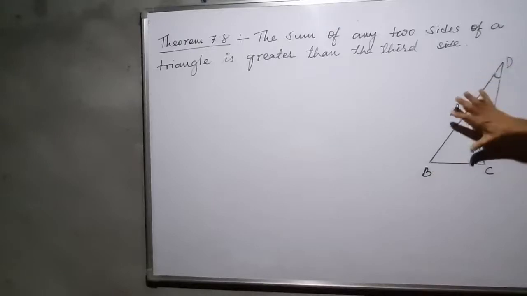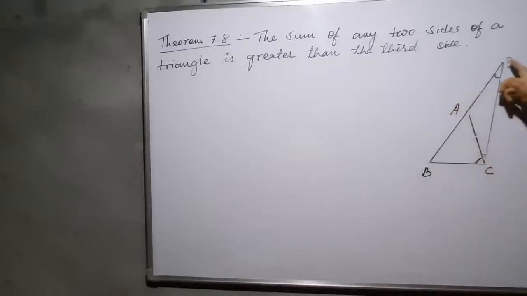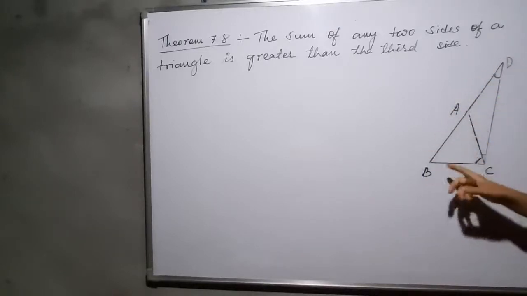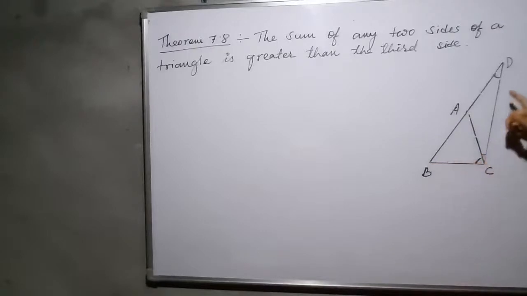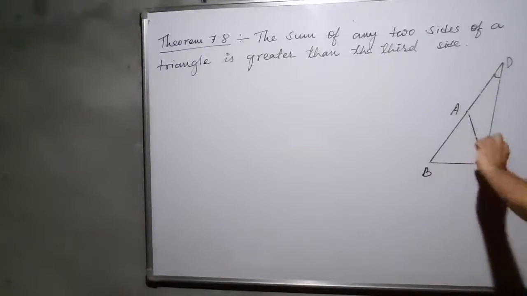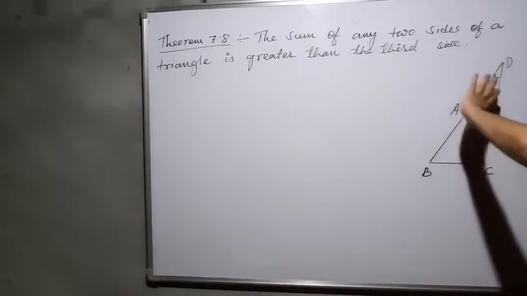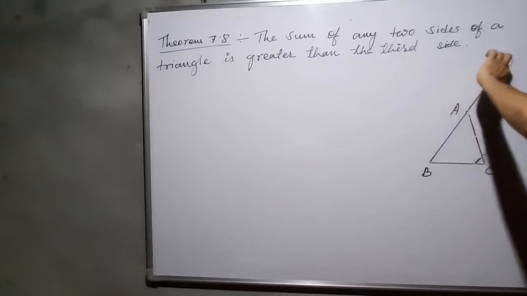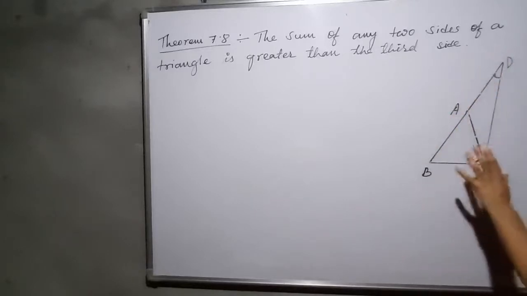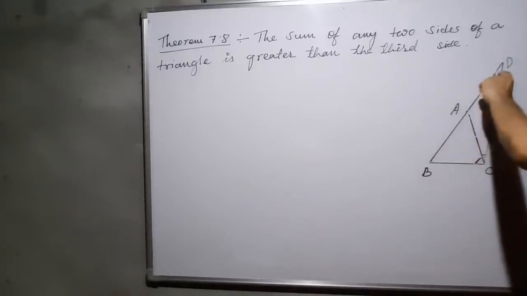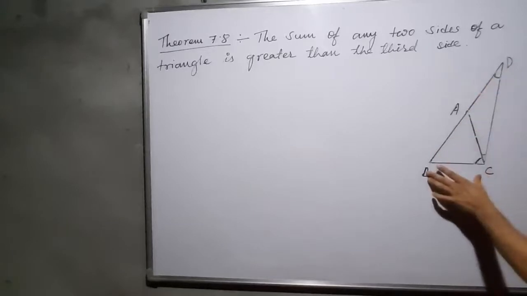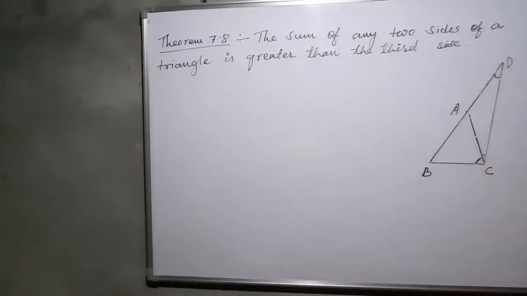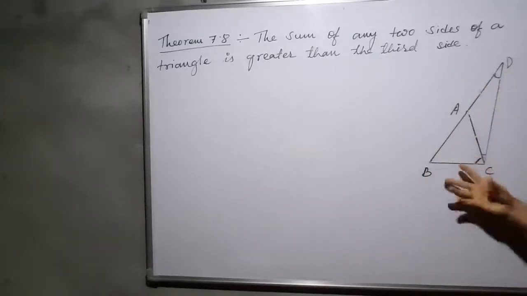So in the bigger triangle BCD, angle BCD is greater than angle D. Then the side opposite angle BCD is BD, which is greater than the side opposite angle D, BC. So BD is greater than BC.